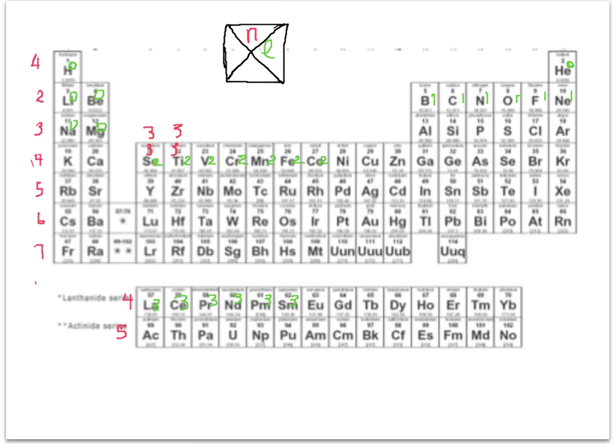Now let's get to our magnetic quantum number. For the S sublevel, it's also going to be 0. 0, 0, 0. Now let's get to the P's. For the P's, it is different because the value ranges from -1 to +1. So the first electron gets -1.